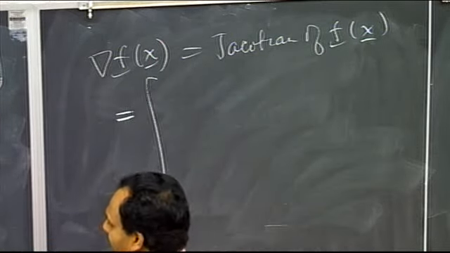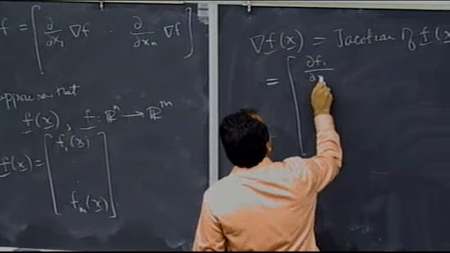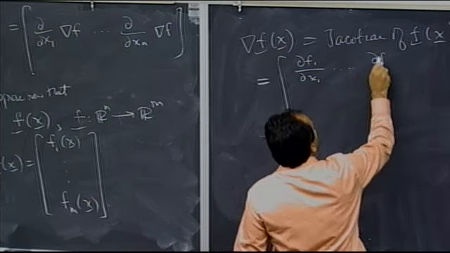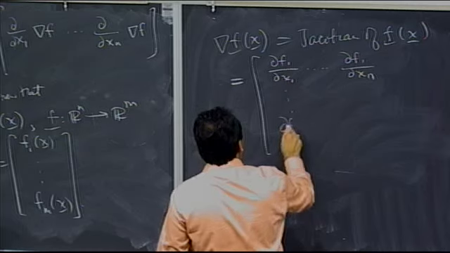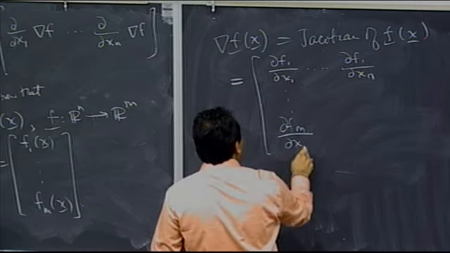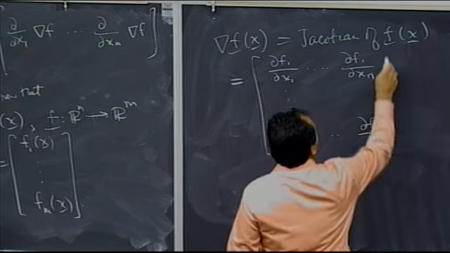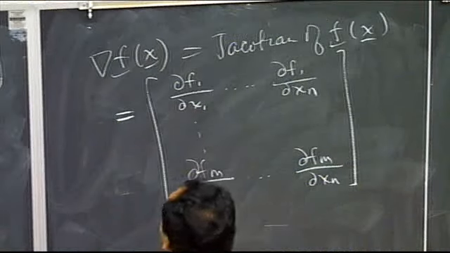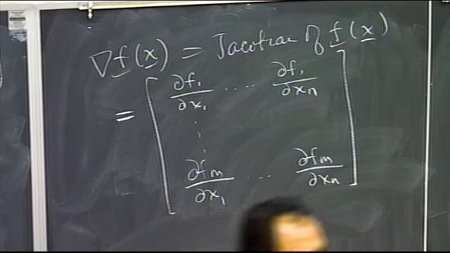We take the partial of f1 with respect to x1, partial of f1 with respect to xn, and then the partial of fm with respect to x1, partial of fm with respect to xn. For the purposes of what we do in this class, we don't go to higher dimensional derivatives. When we go to higher dimensional derivatives, you have to do other things. That's a different story. So that's the standard convention.